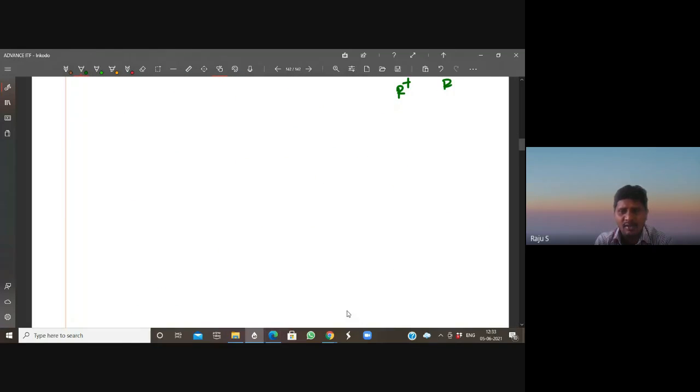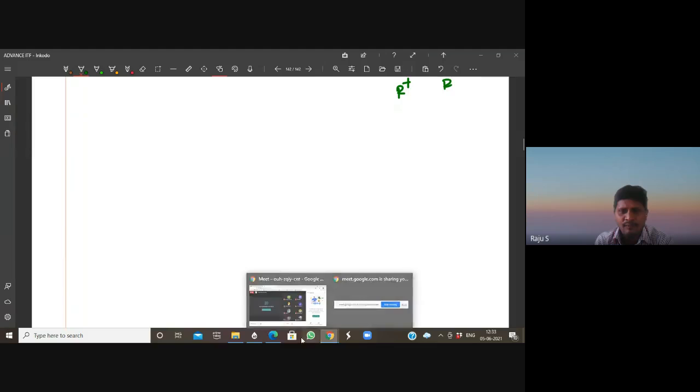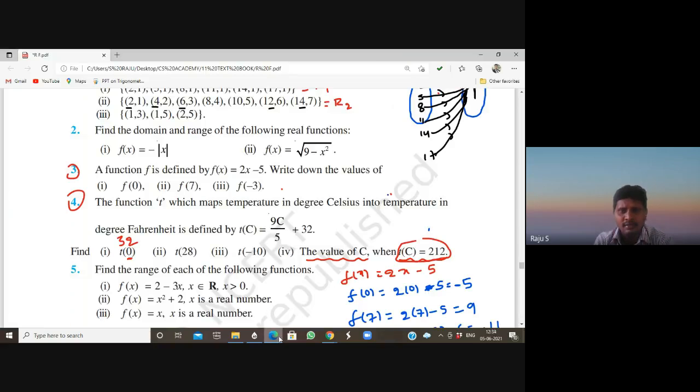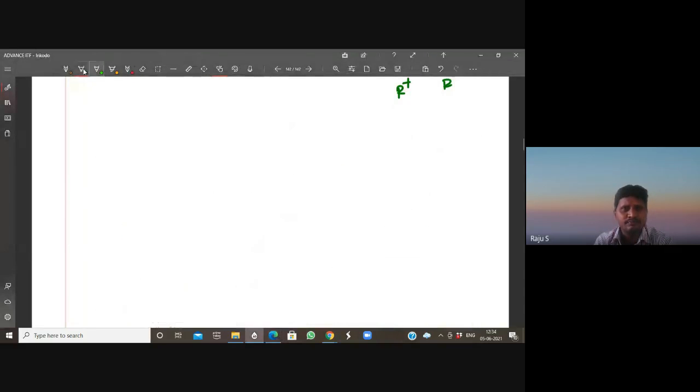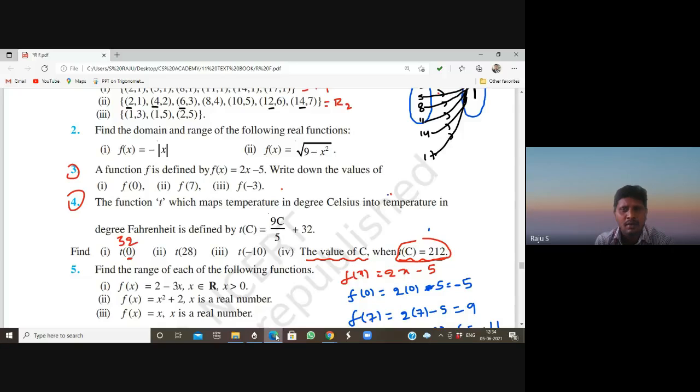In the same way, for the second subdivision, f of x is equal to square root of 9 minus x square.